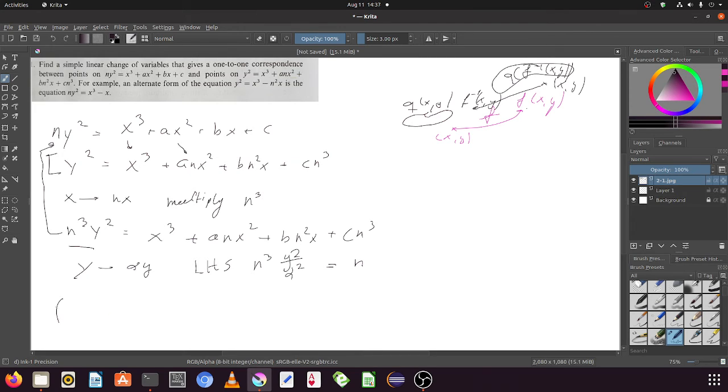So this means we have x point y being mapped into nx ny.